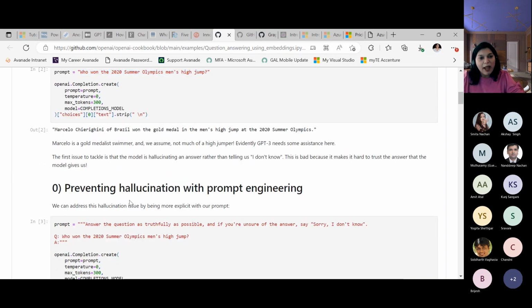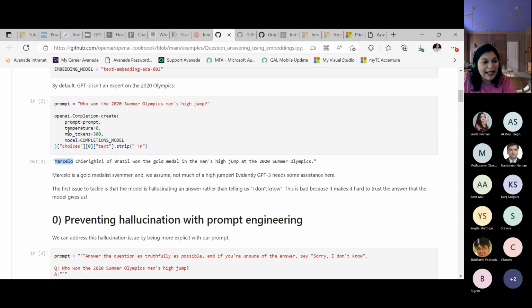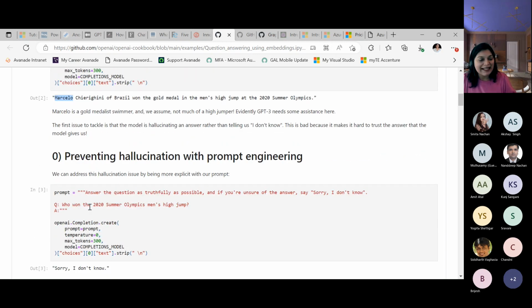So what do I do? In my old days, previously before GPT-3, we called this model fine tuning. I would have to actually teach the model, dude, Marcelo is the wrong answer, and the correct answer is XYZ, and then it would understand. We used to call this supervised learning. I used to tell it that something is wrong and retrain it, right? So in the case of GPT-3, just look at the ease.